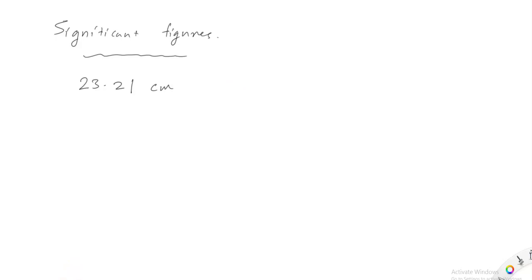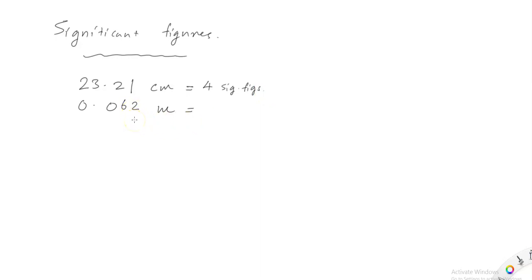Let's say we have 0.062 meters. Let me go back to the first one. If you write it this way, 23.21, that tells you that you know all four digits reliably, right? So this answer has 4 sig figs. These are the number of digits that you know reliably, with confidence.